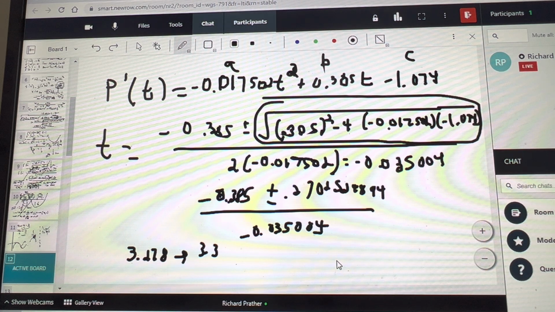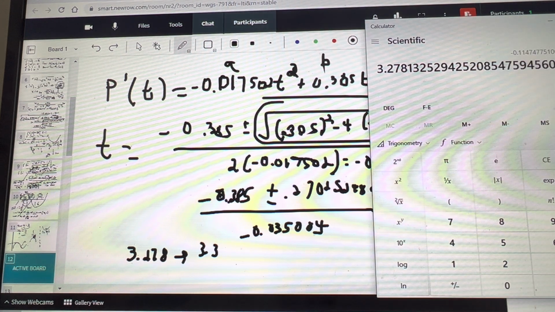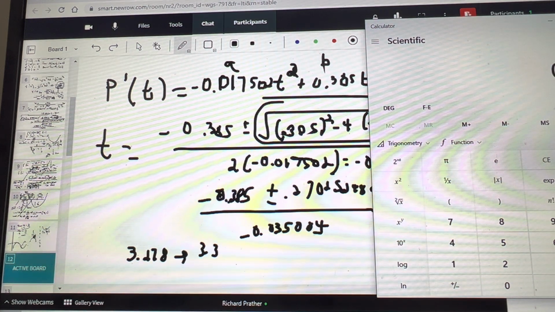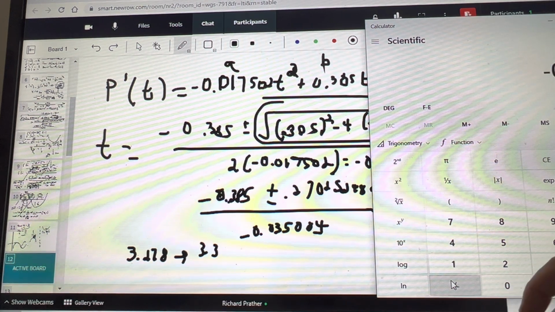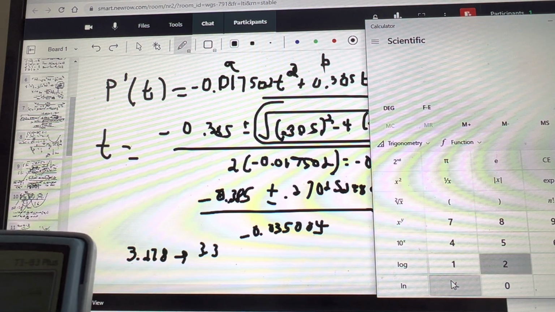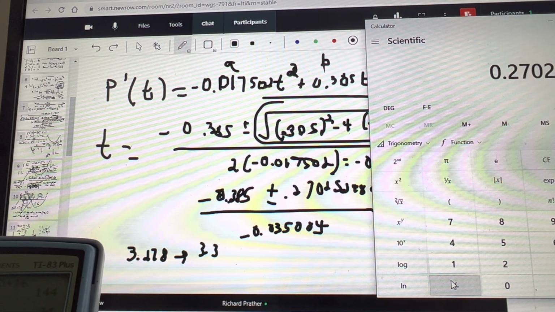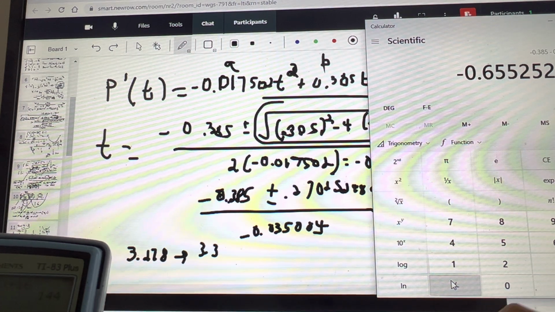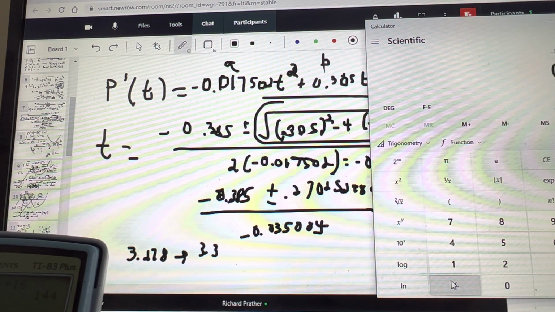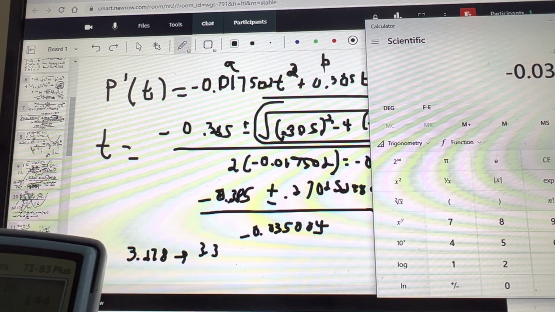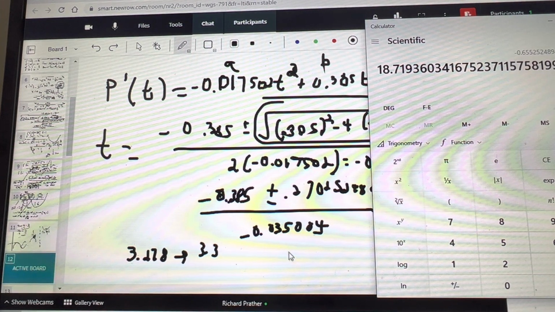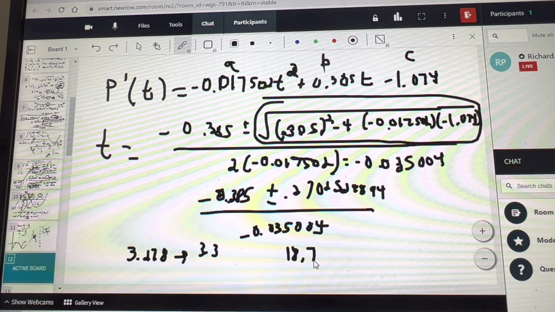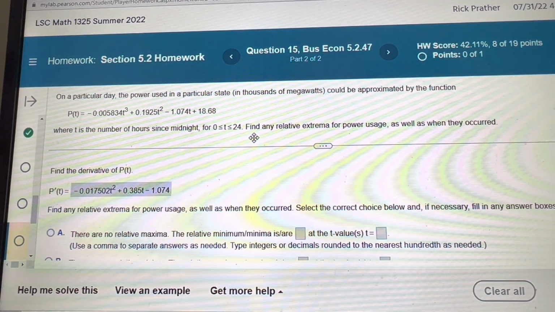And then if I do another version, minus 0.385 and put a negative on that, minus 0.2702524894, divided by negative 0.035004, I get 18.719, which may be 18.7. And that's between 0 and 24. So this time both of them worked. So we could end up getting a local max and a local min here because of that.